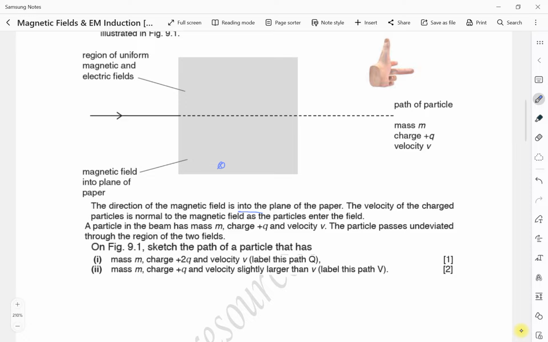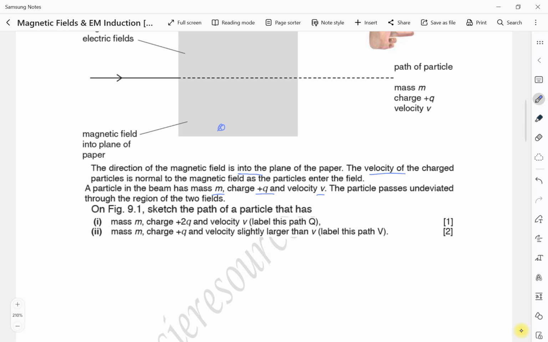So since the velocity is perpendicular to the magnetic field, it means the particle experiences a force in accordance to Fleming's left-hand rule. The particle in the beam has a mass m, charge q, velocity v. The particle passes undeviated through the region of the two fields.